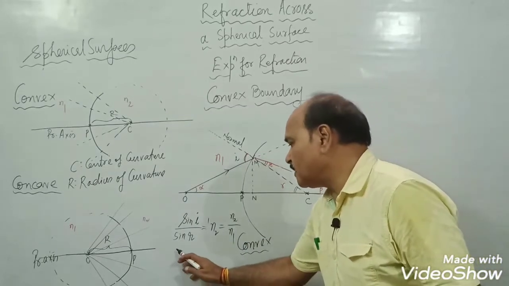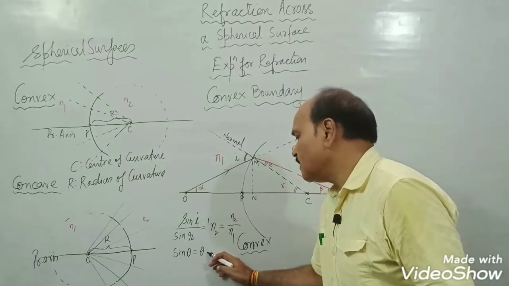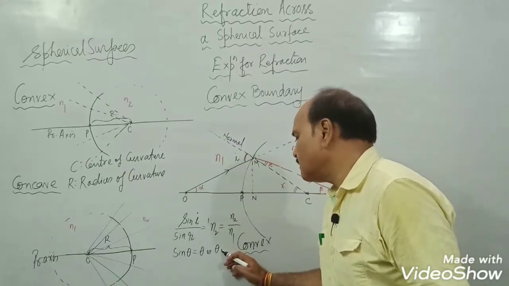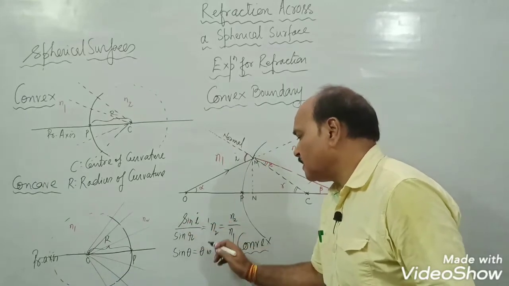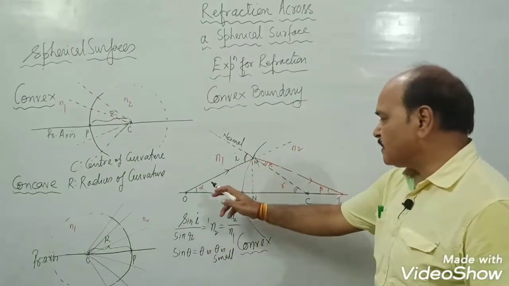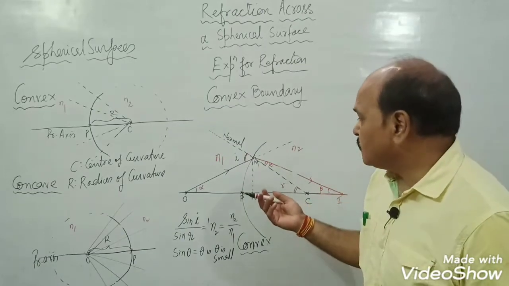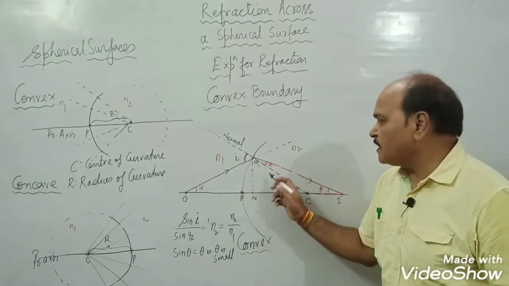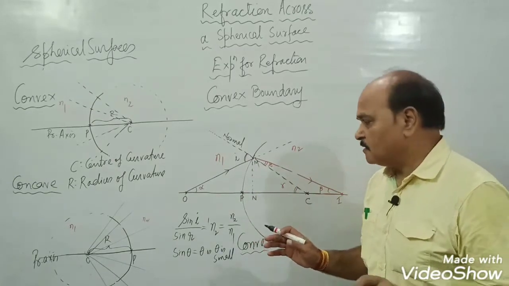Well, children, we know that sin theta is theta if theta is small. So that way sin I, sin R, even these angles alpha, beta and gamma, which we are going to make use of very shortly, are all very small angles.